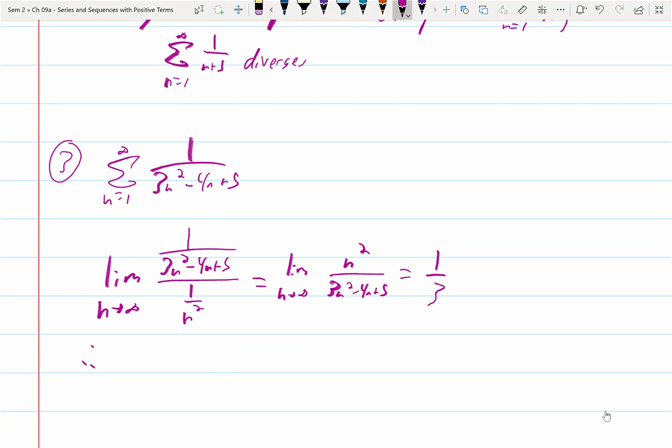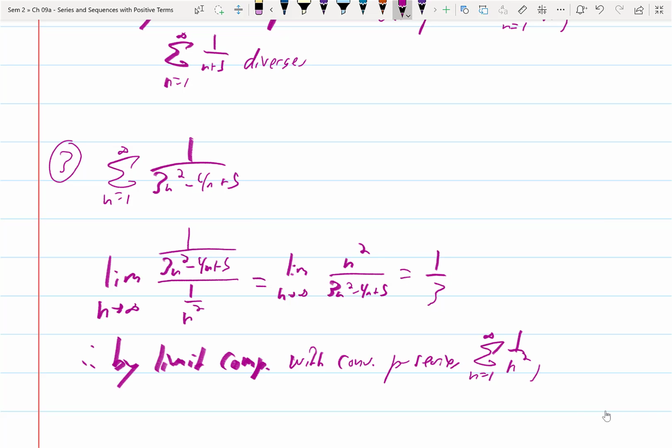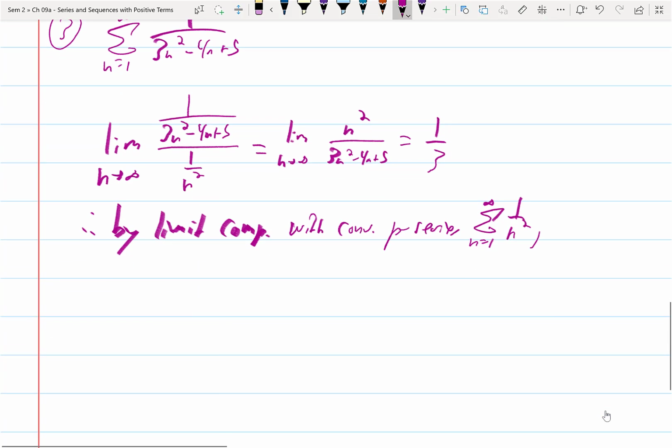So then you say, by limit comparison, with convergent P series, the sum from n equals 1 to infinity of 1 over n squared, the sum from n equals 1 to infinity of 1 over 3n squared minus 4n plus 5 converges.